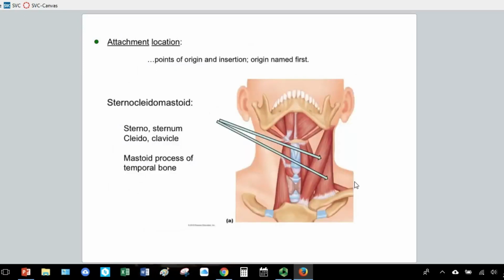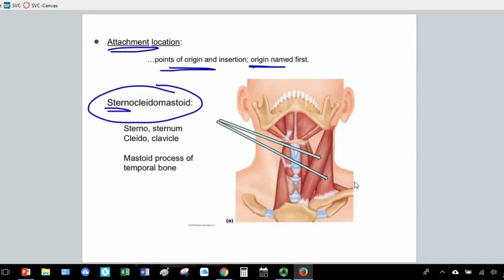We can name them based on attachment location, so the points of origin and insertion. And if they're named like this, then we name the origin first. So there's a muscle called the sternocleidomastoid. Sterno refers to the sternum, right there. Cleido refers to the clavicle. And then mastoid, in this particular instance, is referring to the mastoid process up there on the temporal bone.